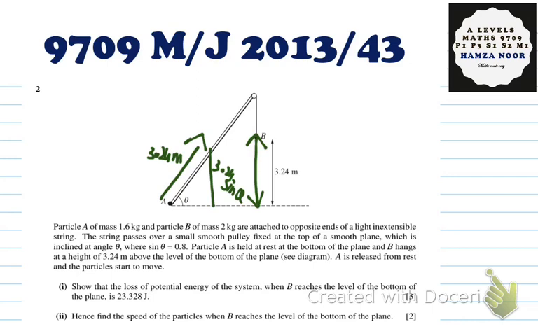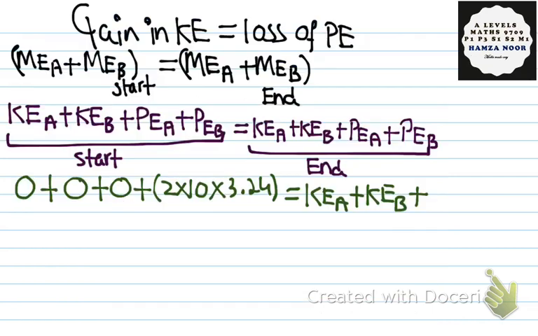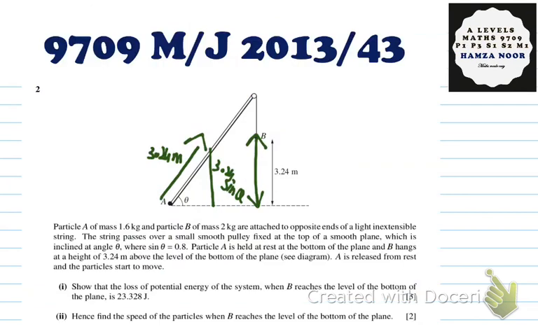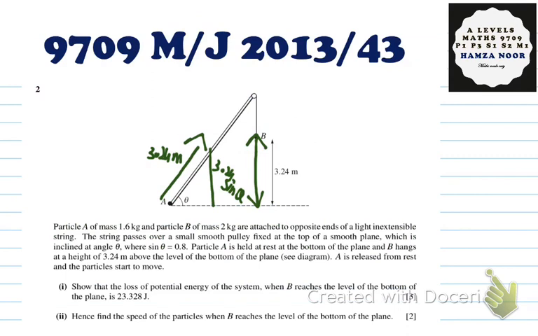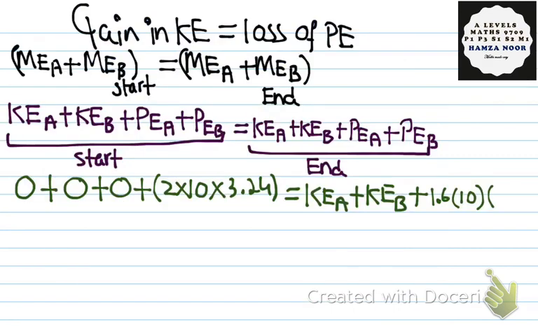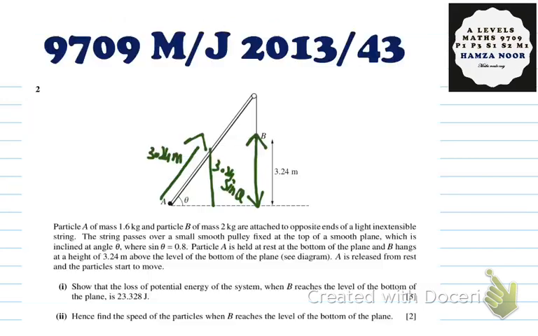So the height will be 3.24 multiplied by 0.8. So mgh: what is the mass of particle A? It is 1.6 kilograms. The gravitational acceleration will be taken as 10, and the height is 3.24 sine theta, which means 3.24 multiplied by sine theta, which is given as 0.8.